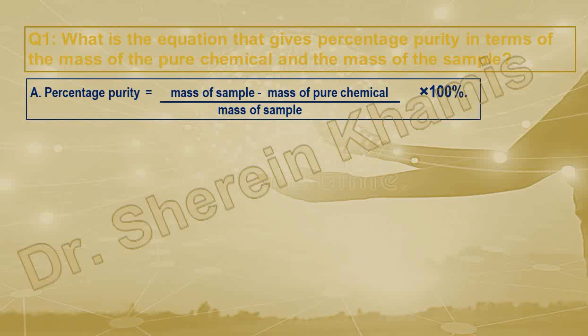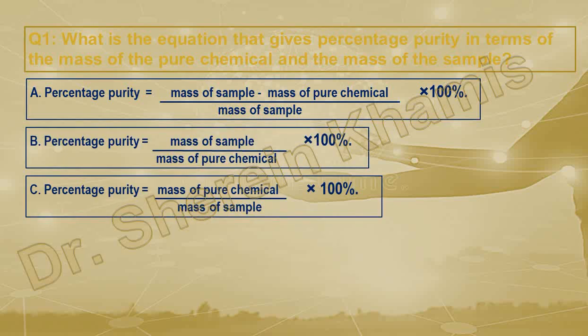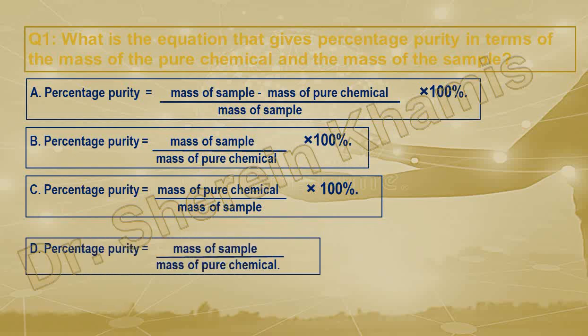Another one: percentage equals mass of sample divided by mass of pure chemical times 100. Another one, C: percentage purity equals mass of pure chemical over mass of sample times 100. And the last one: purity equals the mass of sample divided by mass of pure chemical.